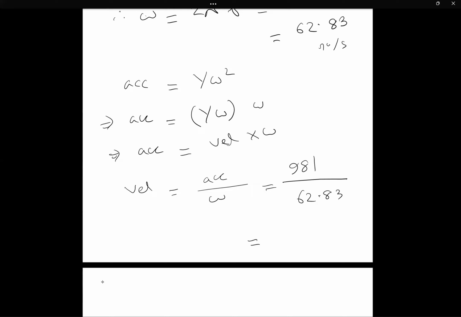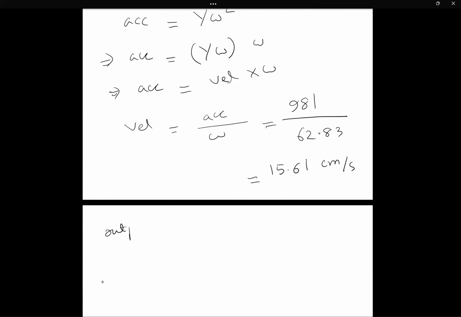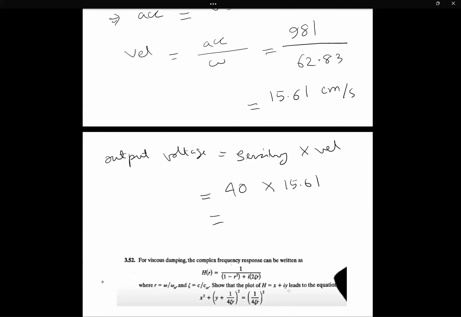So our velocity is 15.61 centimeter per second. Now the output voltage is sensitivity multiplied by velocity. So our sensitivity is 40 and velocity is 15.61. So our output voltage would be 624.5 millivolt.